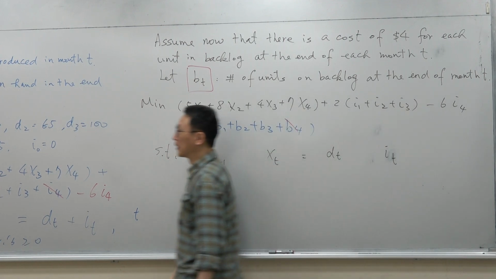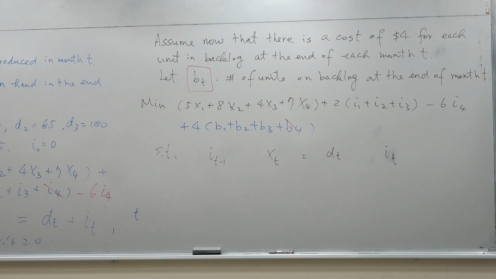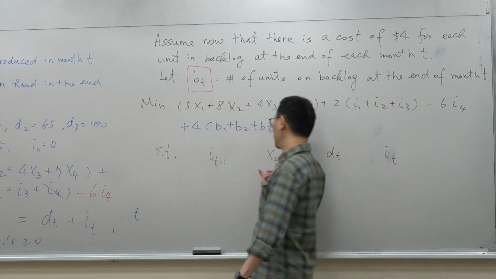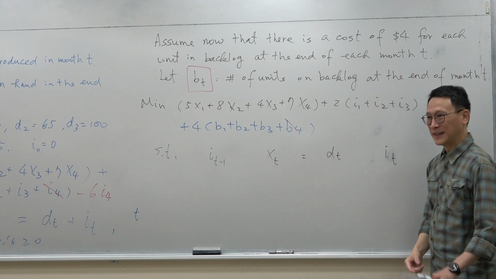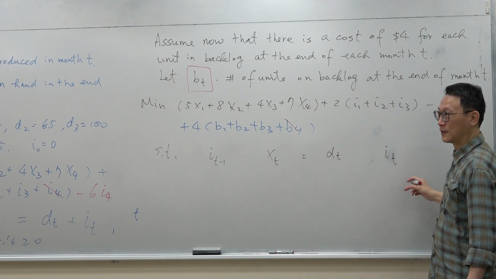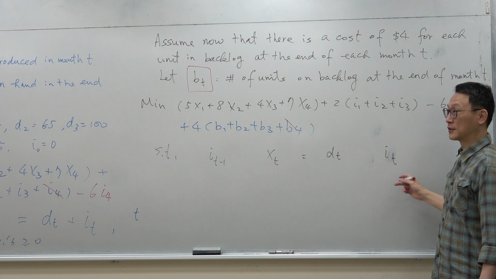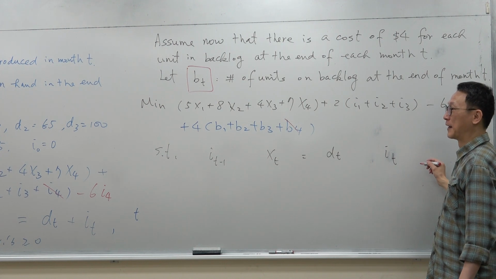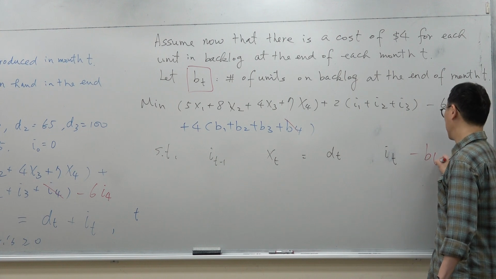For example, in the very beginning, I only produce 40. So what happened? The production is 40, but the demand is 50. So 10 becomes our backlog. So how can I represent that? That will become minus.